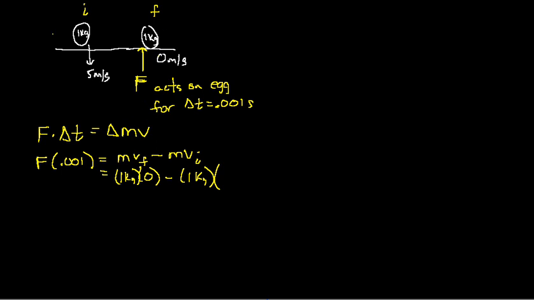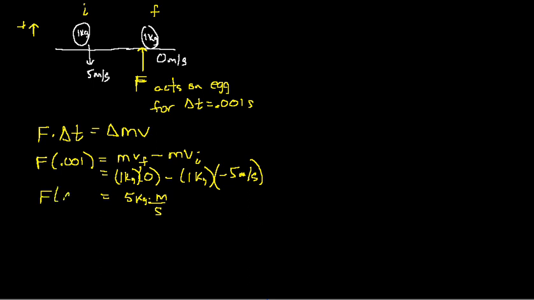If we consider up as positive, then the initial velocity is negative, so it's negative 5 meters per second. So this is 0, minus times minus is plus, and we get 5 kilogram meters per second. That's the change in momentum that's brought about by this force.